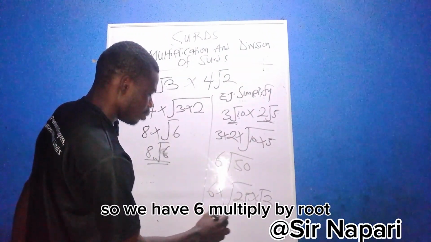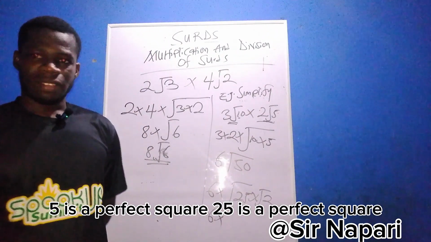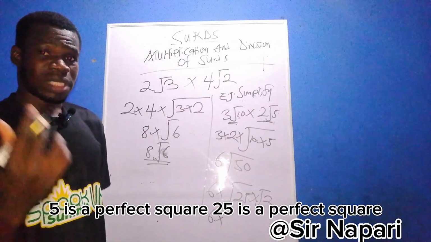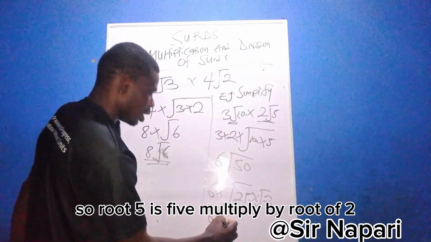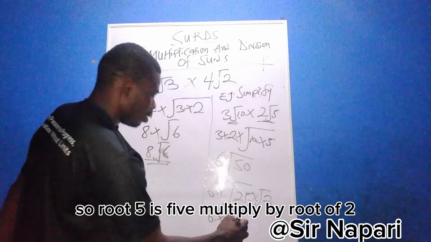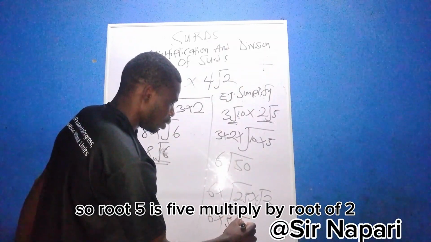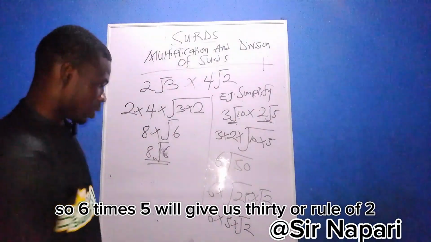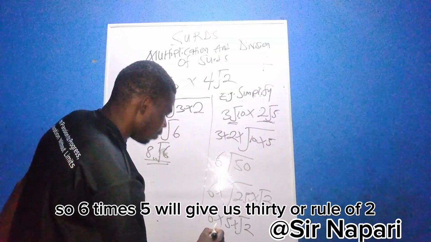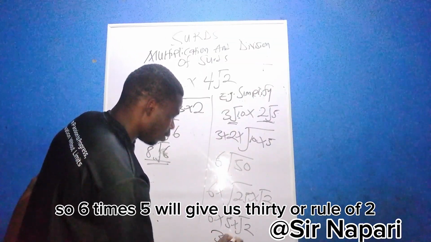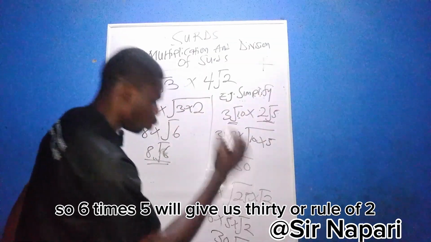So we have 6 multiplied by root 25, and 25 is a perfect square. So root 25 is 5, multiplied by root of 2. So 6 times 5 will give us 30 root of 2.